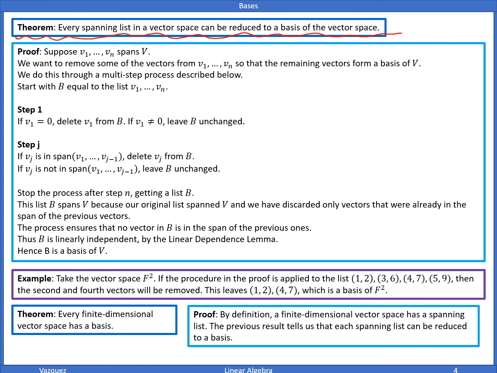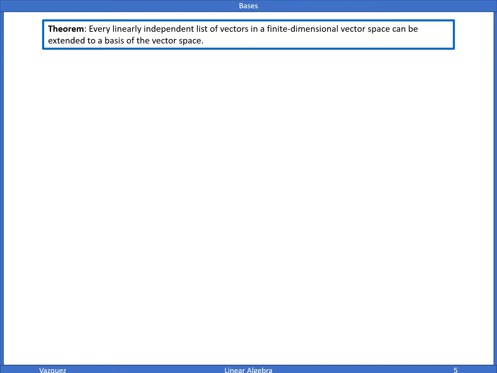Right, so this next theorem says that every linearly independent list of vectors in a finite dimensional vector space can be extended to a basis of the vector space. It may be the case that we don't have to add any more vectors, but if we have to, we can.